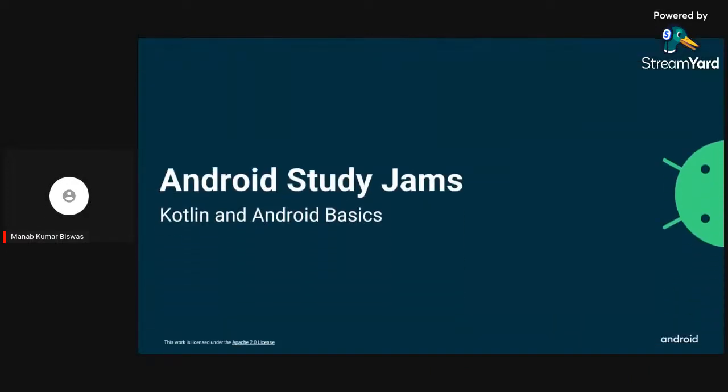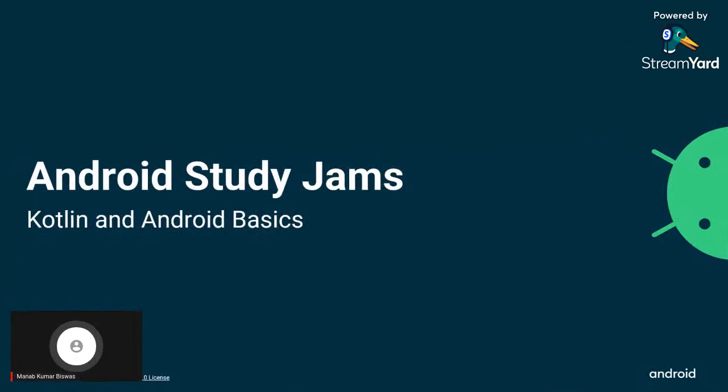All right. So beginning with our first session, where I'm going to be guiding all of you through Kotlin and Android basics. Kotlin is the official language for Android app development from a couple of past years. And I'm going to be guiding you through a few basics of the language as we progress.